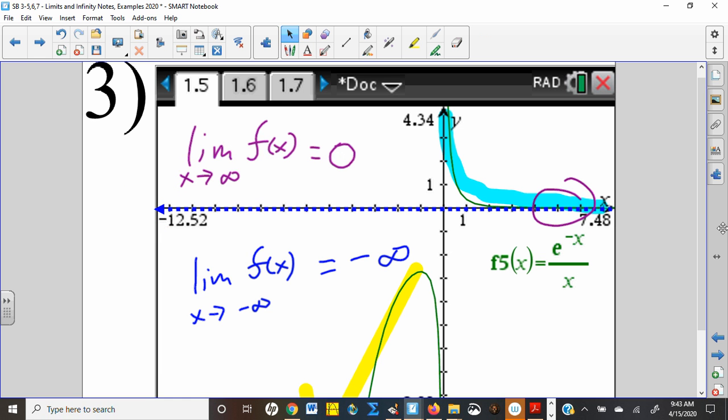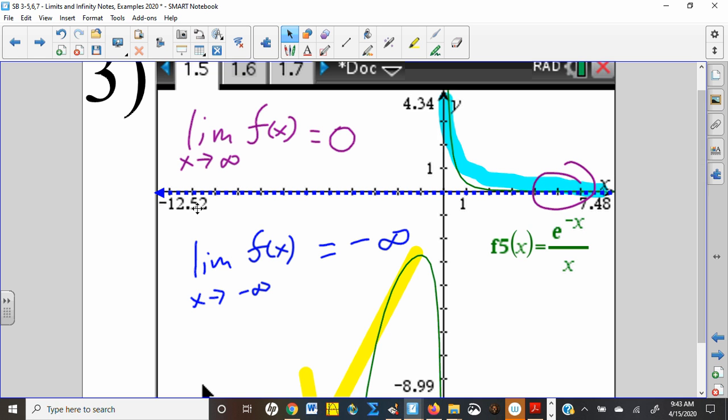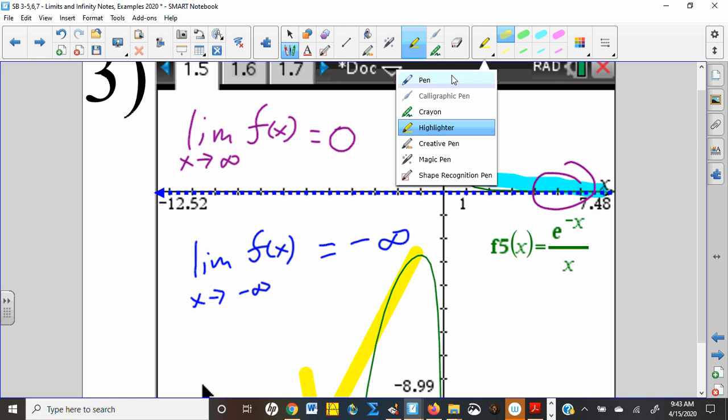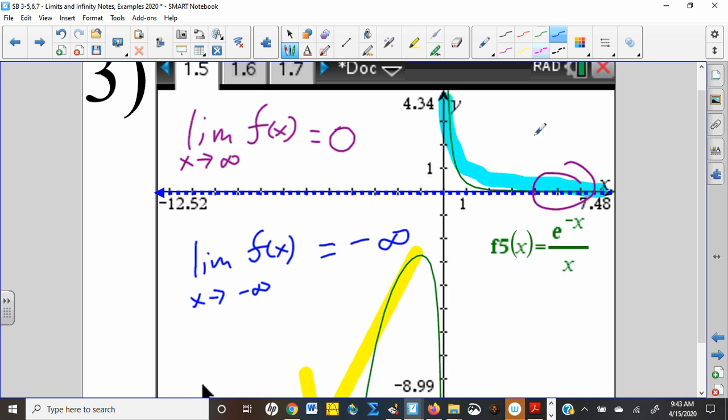But you only need a horizontal asymptote to occur in one direction for it to be considered a horizontal asymptote. And in the right direction, we definitely did have a horizontal asymptote at y equals 0. So y equals 0 was the horizontal asymptote.